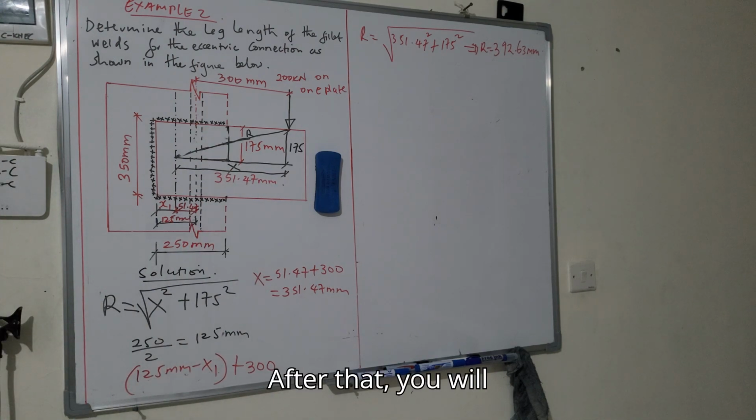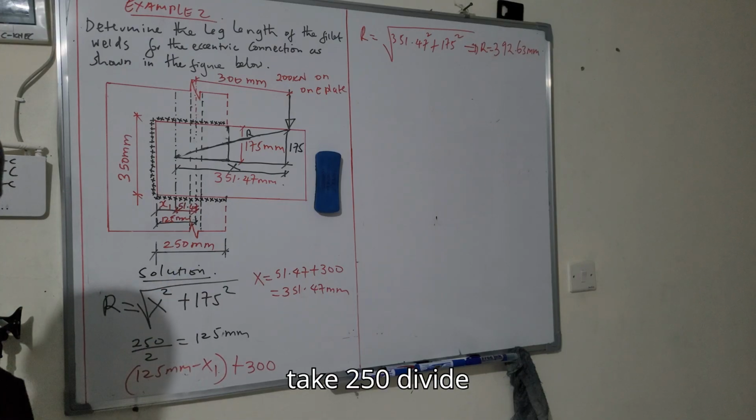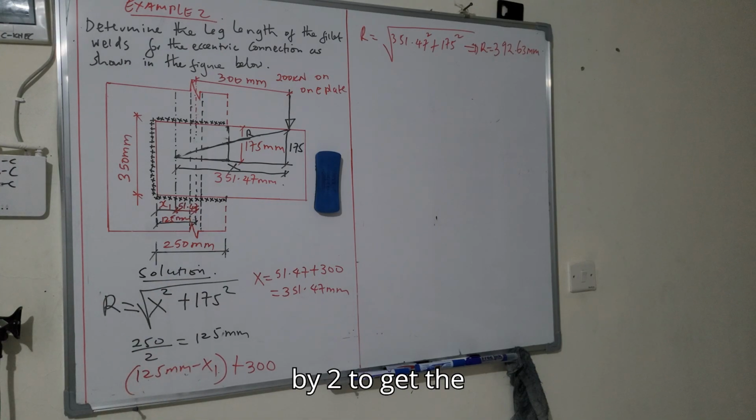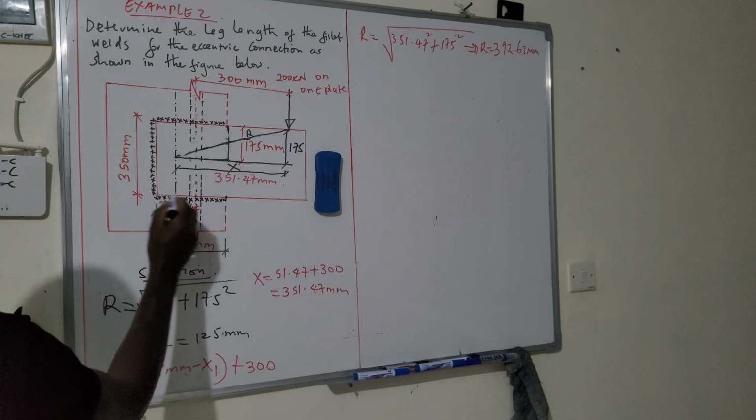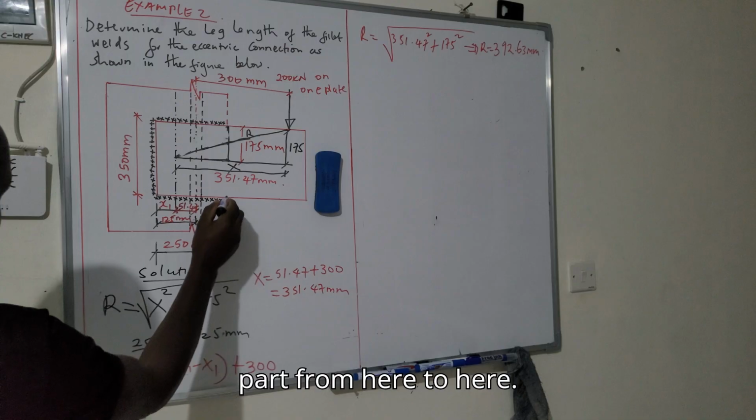After that, you will take 250 divide by 2 to get the center of this part from here to here.